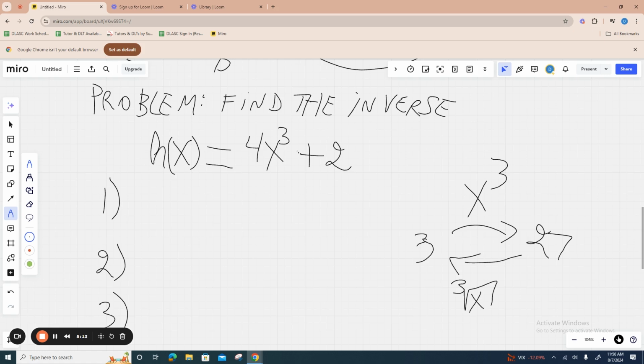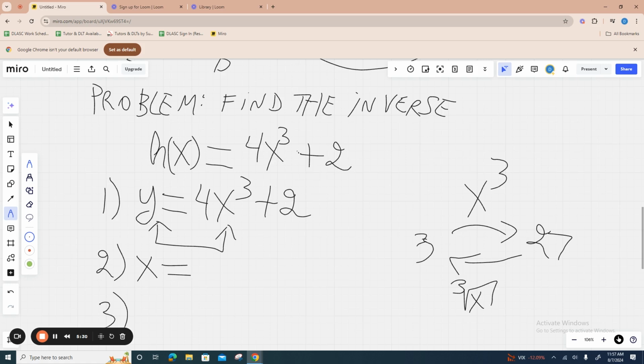So here our first step, again, is to set y equals instead of h of x. Our second step is to switch the positions of our x and our y, right? And I drew my little arrows. Again, my bad.